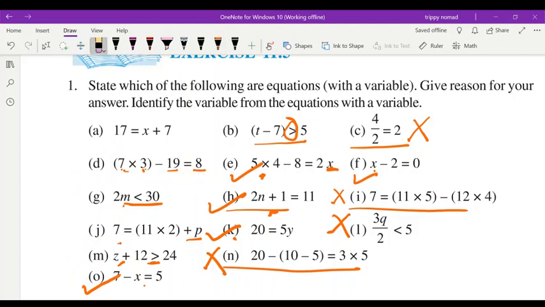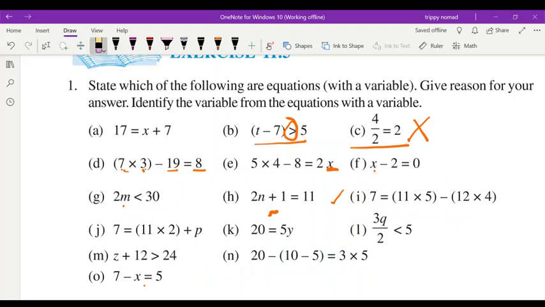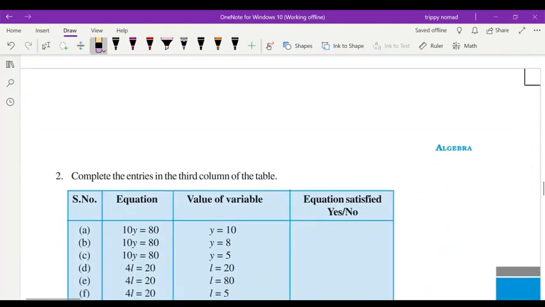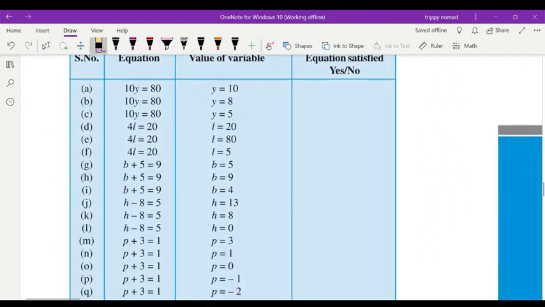The given expressions are equations with a variable or not. First question is clear to all of you. Now we are going to start question number 2.